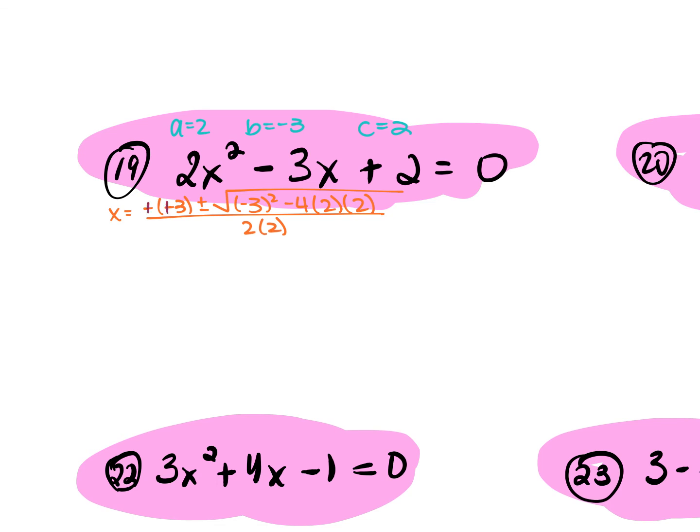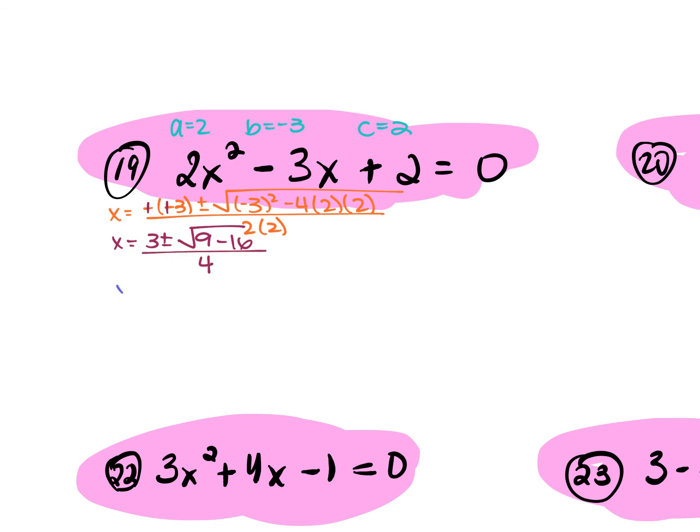The opposite of negative 3 is positive 3, so that becomes 3 plus or minus the square root of negative 3 squared is 9, minus 4 times 2 is negative 8. Negative 8 times 2 is negative 16, and this is all over 2 times 2, which is 4.